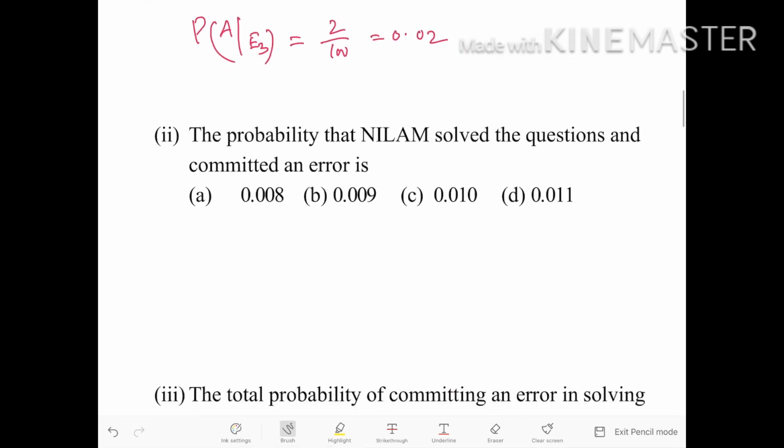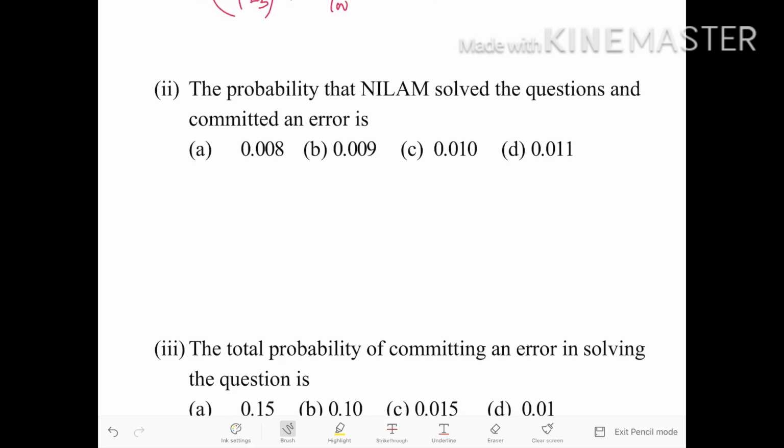Now comes question number 2. The probability that Neelam solved the question and committed an error. Neelam solved the question means E3, and committed the error. That means we have to find E3 intersection A, which is nothing but the probability of E3 into the probability of A given E3.